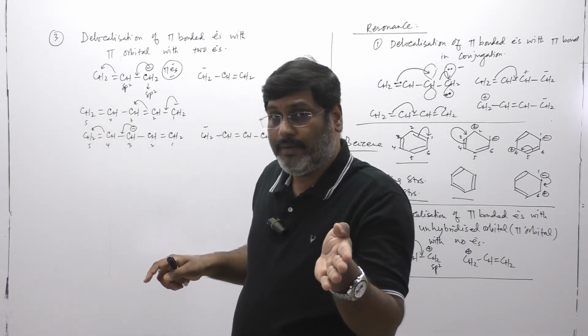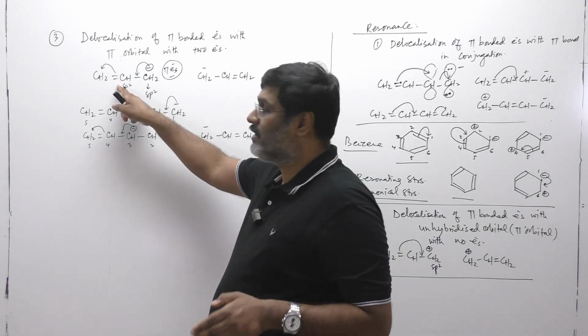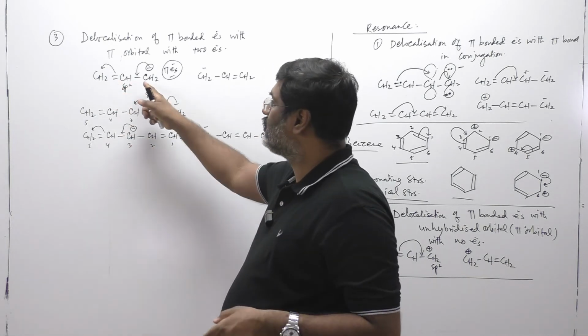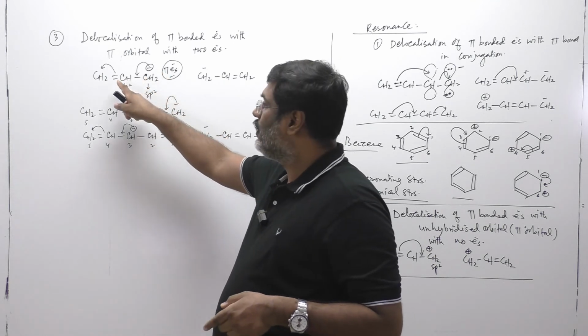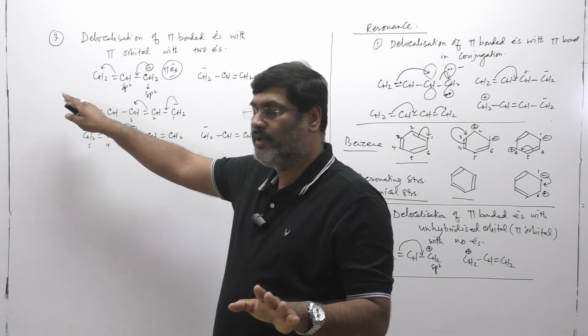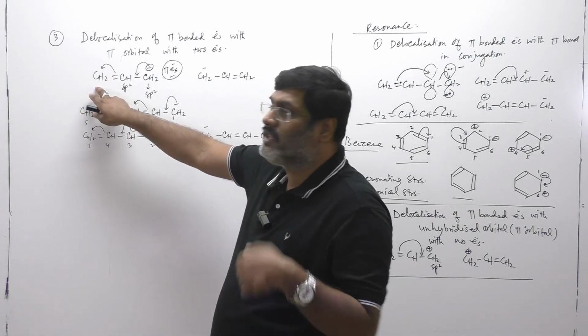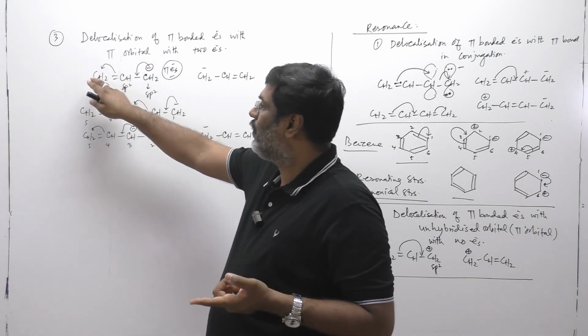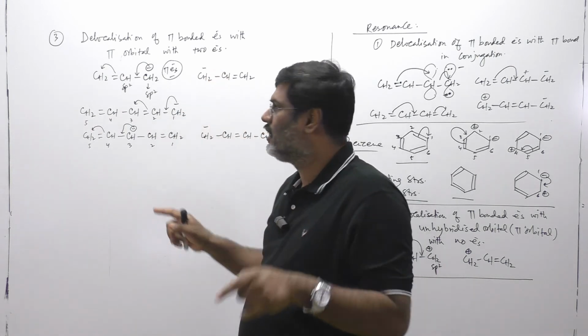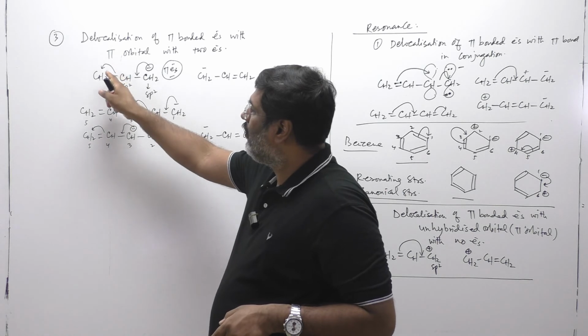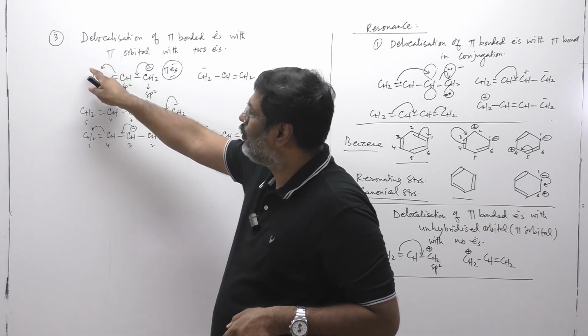So it is happening. This adjacent carbon atom is taking this electron pair and losing this pi bond to that one. So this other carbon takes this pi bond and forms a negative charge. Negative charge means a pair of electrons accumulates over there.